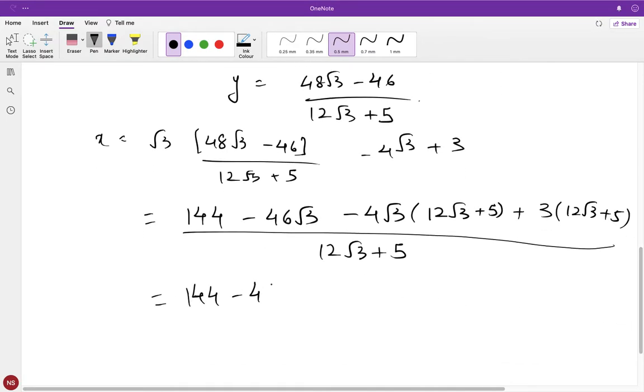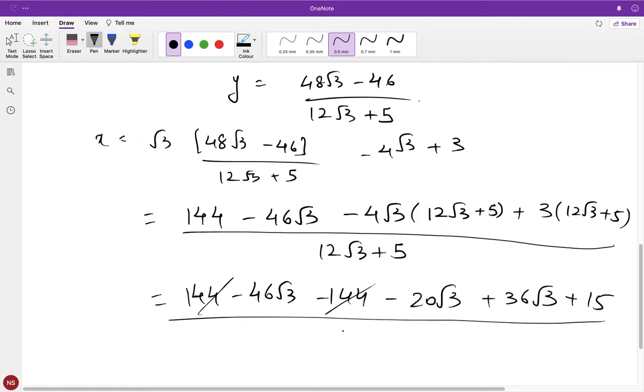144 minus 46 root 3. 4 times 12 is what? 48. 48 times 3 is 144. Cancelled. 4 times 5 is 20, so minus 20 root 3. 12 times 3 is 36, so 36 root 3. 3 times 5 is 15 by 12 root 3 plus 5.